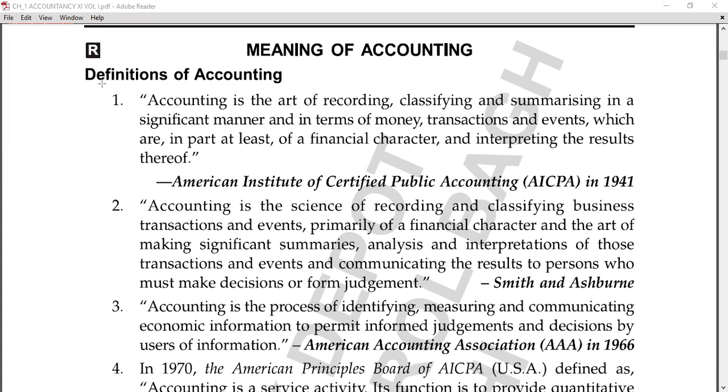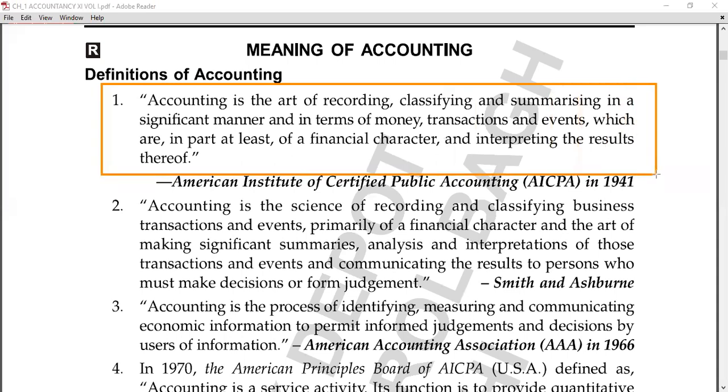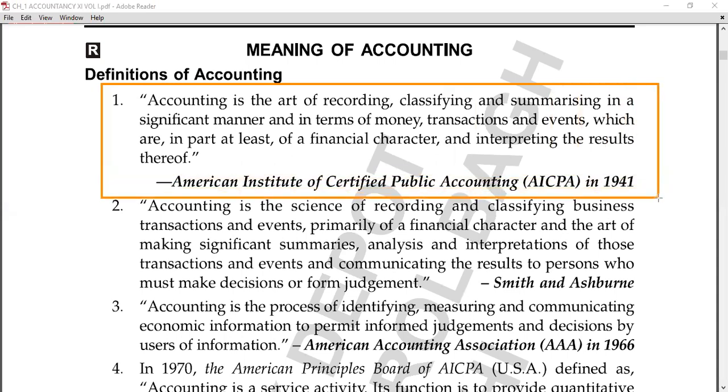The definition is: accounting is the art of recording, classifying, and summarizing in a significant manner and in terms of money, transactions and events which are in part at least of a financial character and interpreting the results thereof.